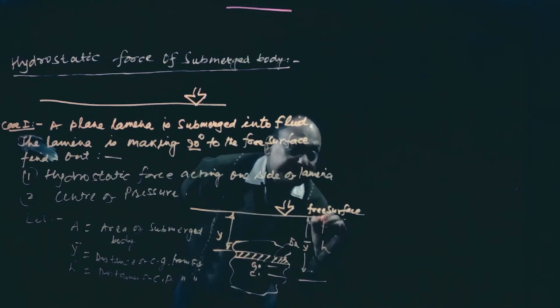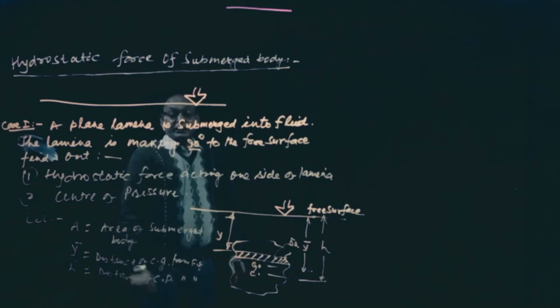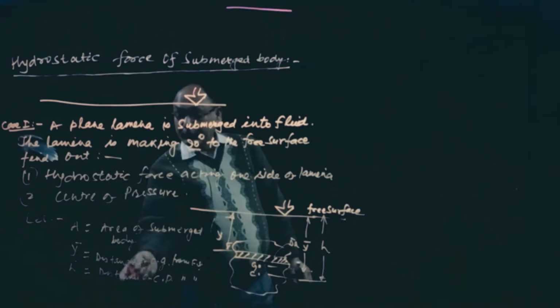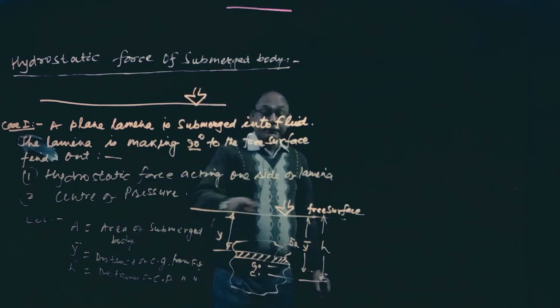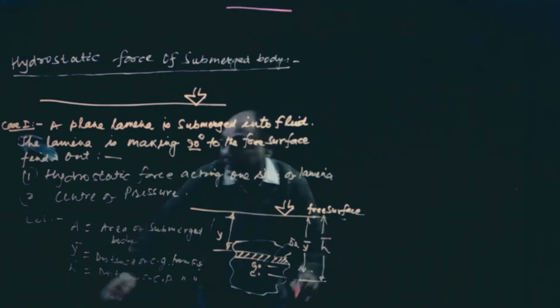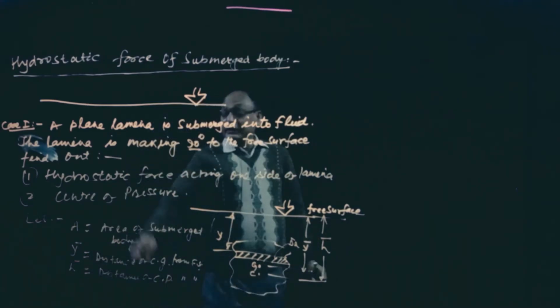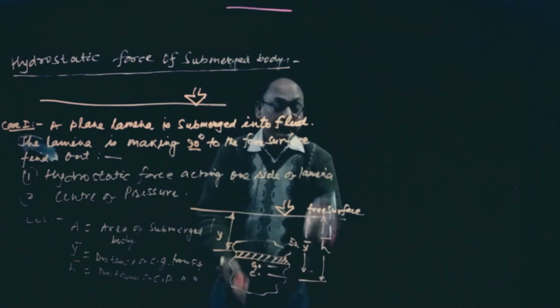H bar is the distance from the free surface to the center of pressure. Okay, now we have to find out the force first. Thereafter, we have to find out the value of H bar.